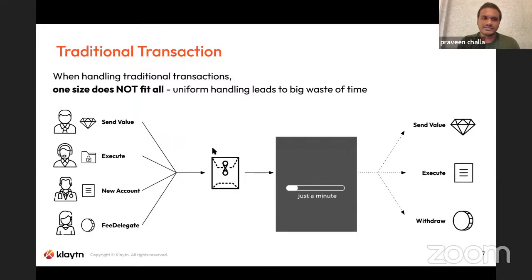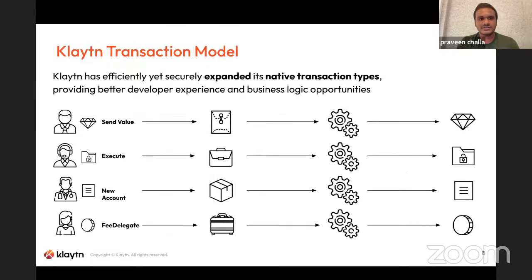So the idea is to split transactions and have a different type for each. In Klaytn, we have a different transaction type for each kind of transaction that we make. Because of this, memory is saved and performance improves a lot. We have made some changes related to this as well.